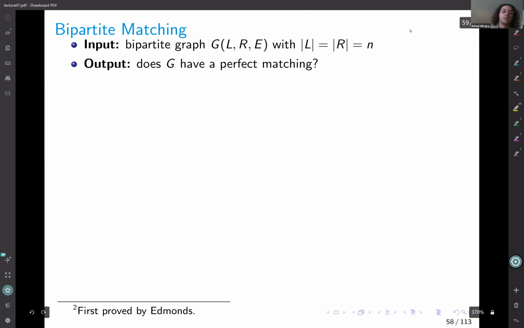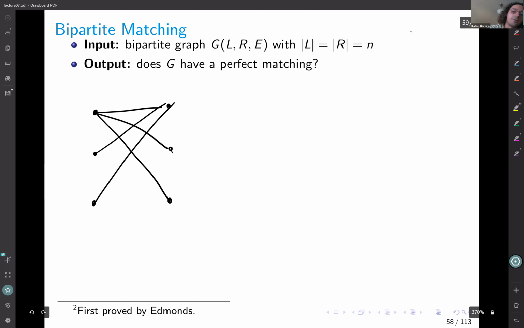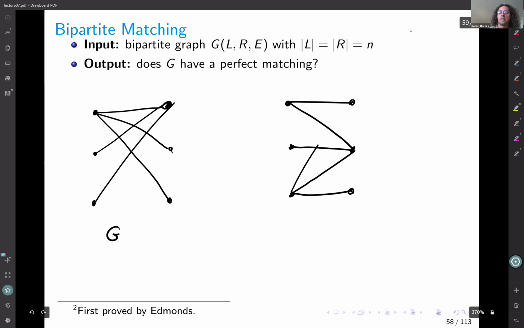So for example, we can give 2 examples of graphs. We can have this graph here, let's say graph G, and we can have graph H, which I'm just going to construct in a way that you can already see the difference.